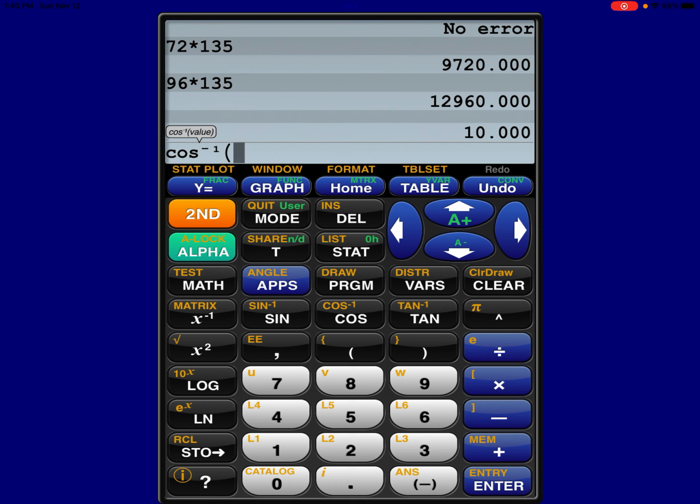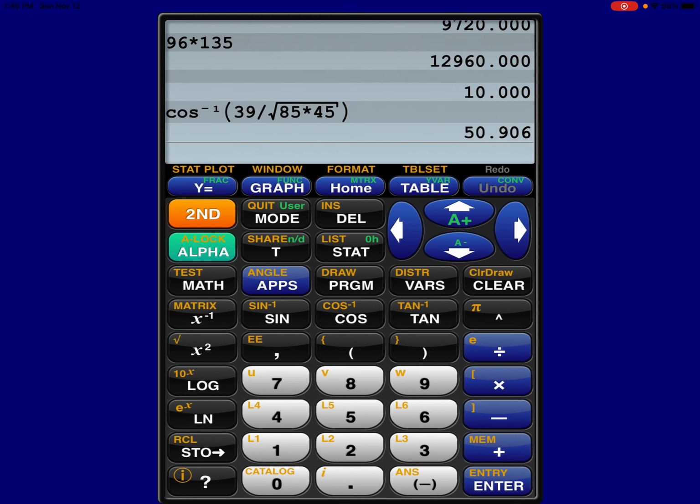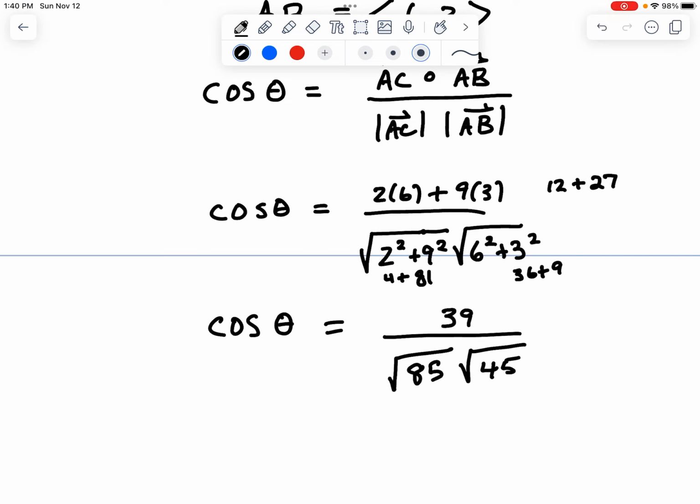On top there was a 39 divided by, on the bottom there's 2 square roots, which you could just put together since it's multiplication. There's an 85 times a 45. And so it's 50.906 degrees. All right, that's one thing that we can do with vectors.